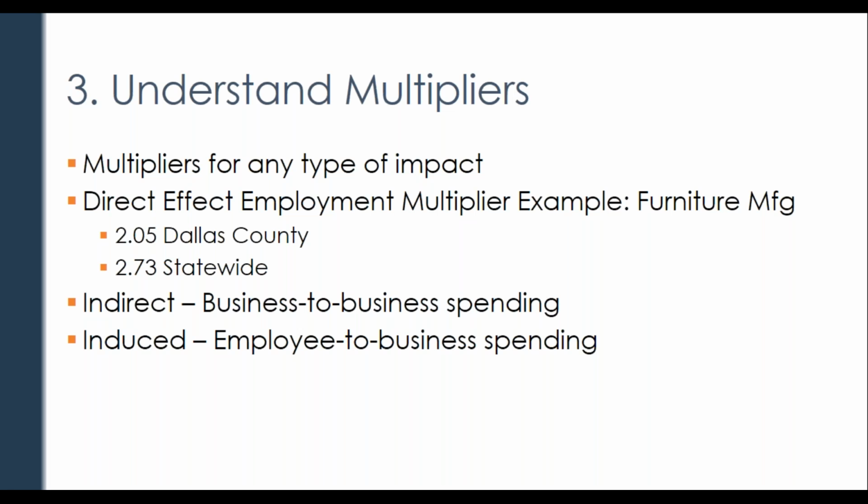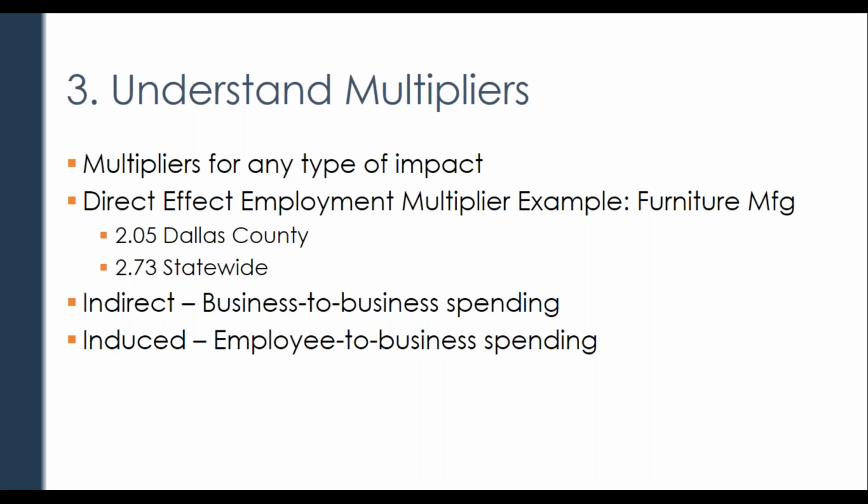I've been talking about this idea of multiplier activity, which captures the spin-off activity that happens as spending ripples through the economy, and some of that spending stays within the particular region. If it's in Dallas County, when that money gets respent in Dallas County, how many times does it turn over, and how much additional impact does that generate? There are 2 distinctions.